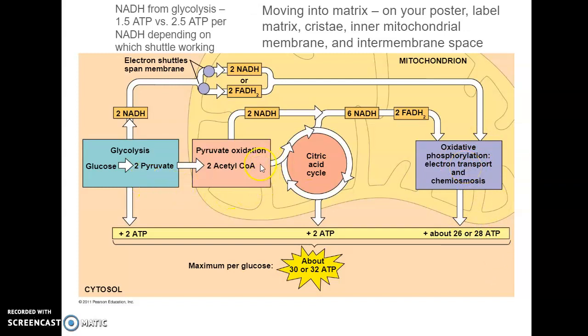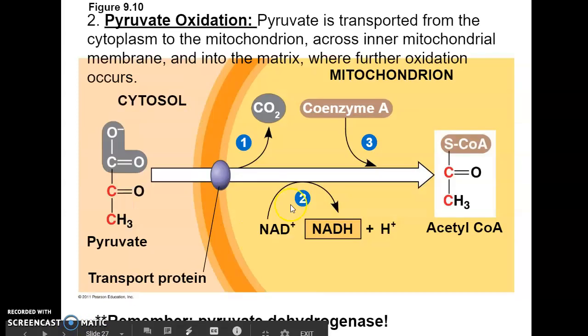Alright, so again, we are focusing on pyruvate oxidation, which is happening in the matrix of the mitochondrion. Okay? So from here, we're talking about oxygen being present, right? Because when we covered glycolysis, that whole process can happen without the presence of oxygen.